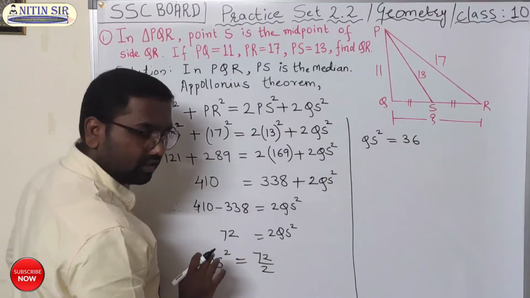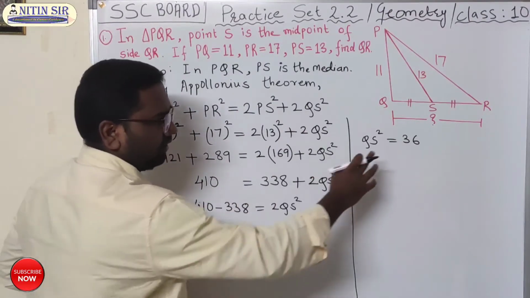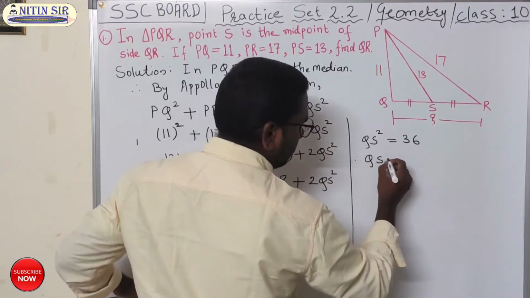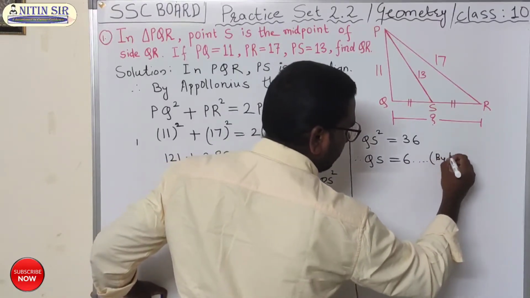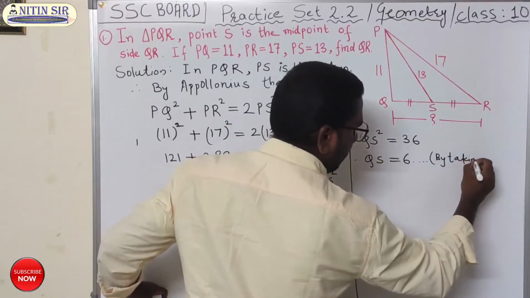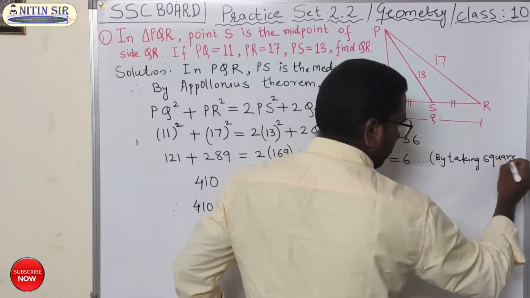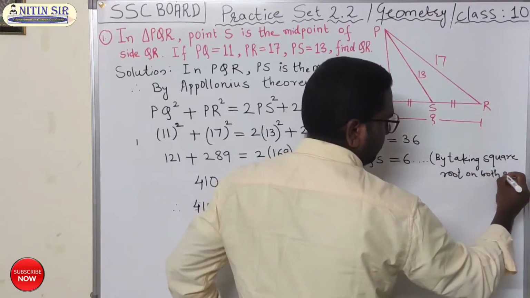Six sixes are 36. Therefore we can say QS is equal to 6, by taking square root on both sides.